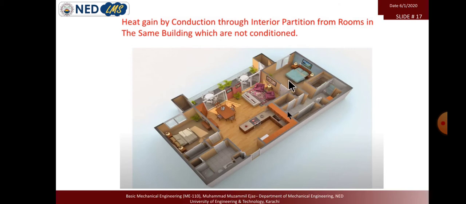The sun cannot come directly into the room by radiation, but it itself gets heated, and that heated roof heats up the room by conduction and convection combined effect. The roof will gain heat by conduction from the outer surface of the roof towards the inner surface of the roof, and then the inner surface of the room heats the room by convection.